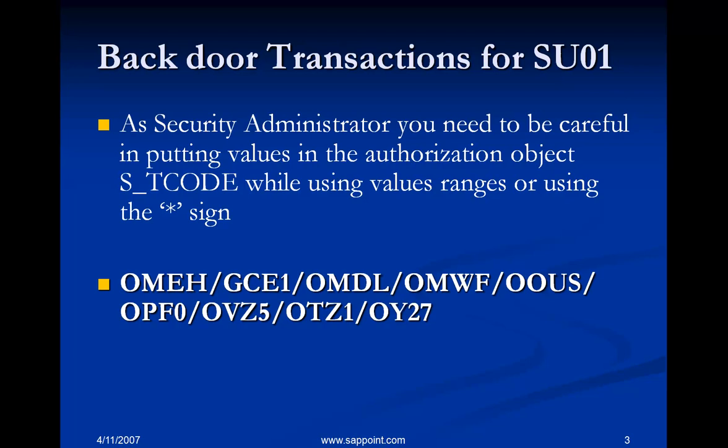Some of that access could be critical to your production system. So specifying value ranges for S_TCODE is a very important aspect of SAP security, which as a security administrator you should avoid. Now sometimes you could say you want to give access to some configuration again.